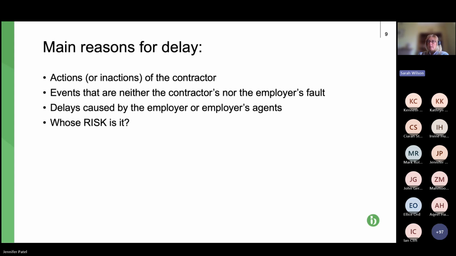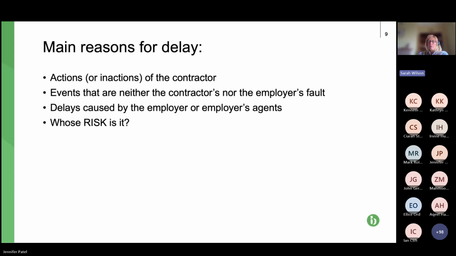So generally speaking, in a contract, any action or inaction by a contractor or subcontractor that causes delay, the contractor will not get an extension of time for that. In reverse, third bullet point, any delays to the contractor's progress caused by the employer or somebody acting for the employer will, generally speaking, entitle the contractor to an extension of time.